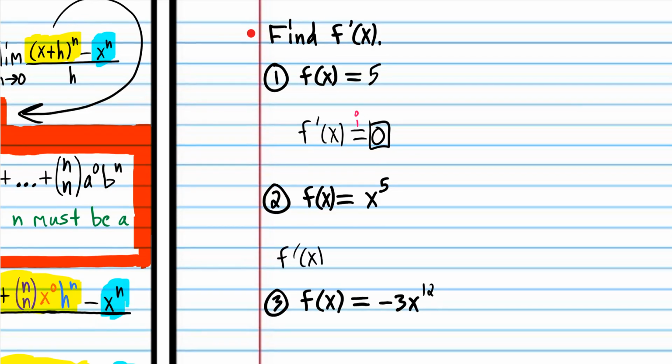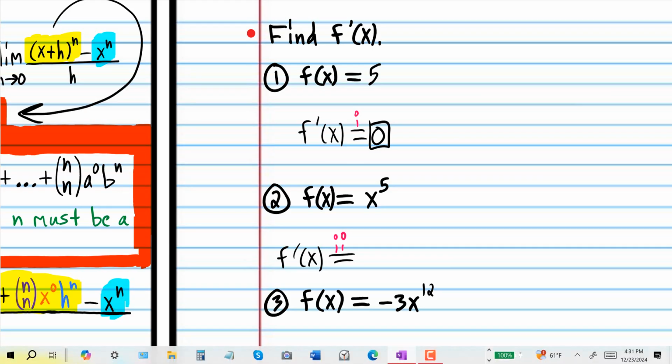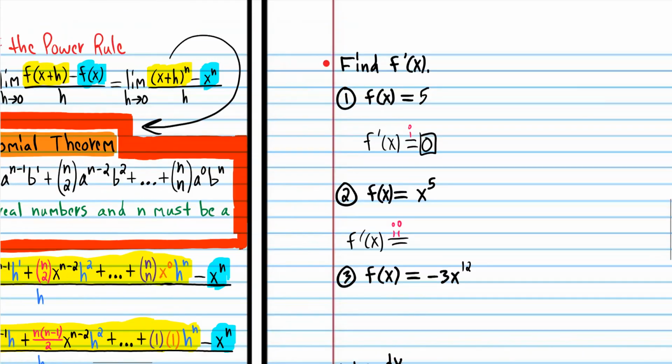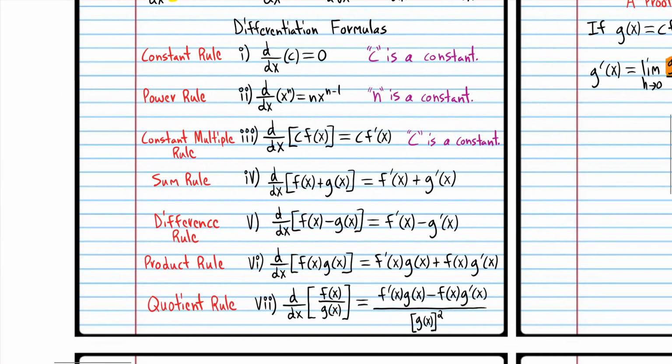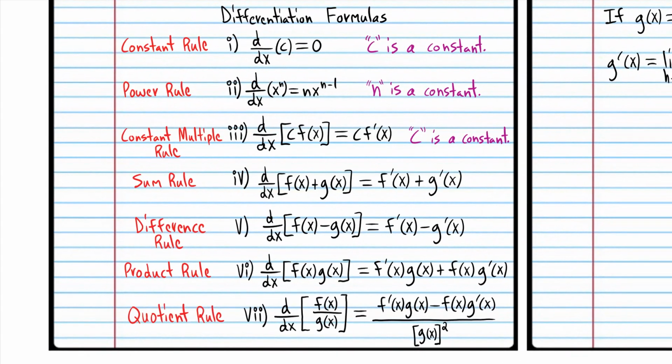In this case, we use differentiation formula number 2. And if you don't have these formulas written down, or if you don't have a picture, you need to take a picture of these. I'm going to give you one last chance to take a picture of these formulas. So far we used formula number 1, and now we're about to use formula number 2.